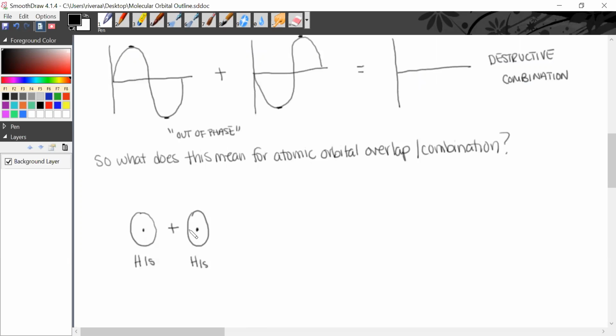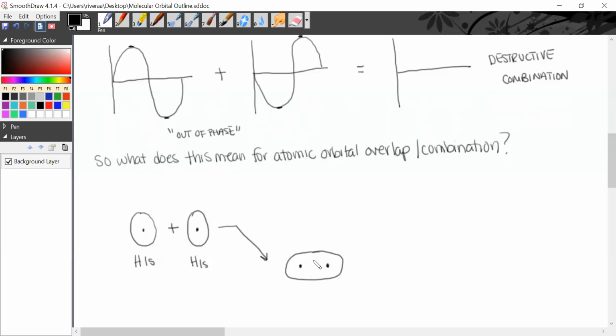I have two things that could happen. When these two wave functions combine, they could do so constructively. In other words, they could combine such that the area of probability where the electrons are likely to be is between the nuclei.